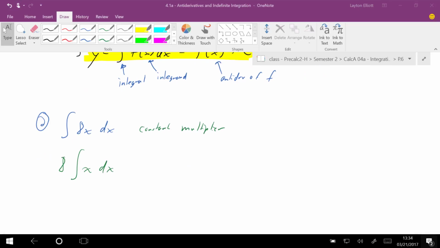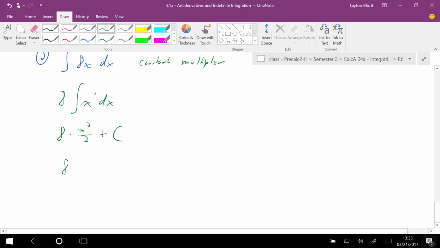And the integral of x, if I treat that as x to the first and then raise that to the second power, that's going to become 8 times x squared over 2 plus a constant, and that's just the same as 4x squared plus that constant.